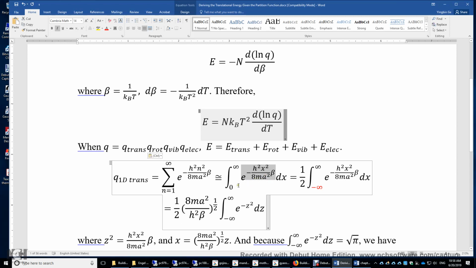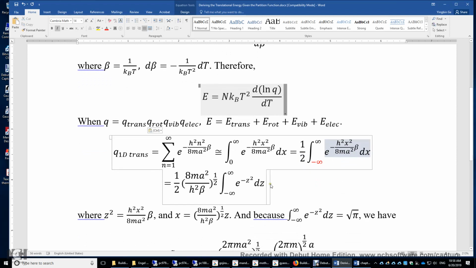Therefore, this integral from 0 to infinity is equal to 1/2 of the integral of the same function from negative infinity to positive infinity. Again, this is because the integral value of the left half equals the integral value of the right half of the Gaussian function.